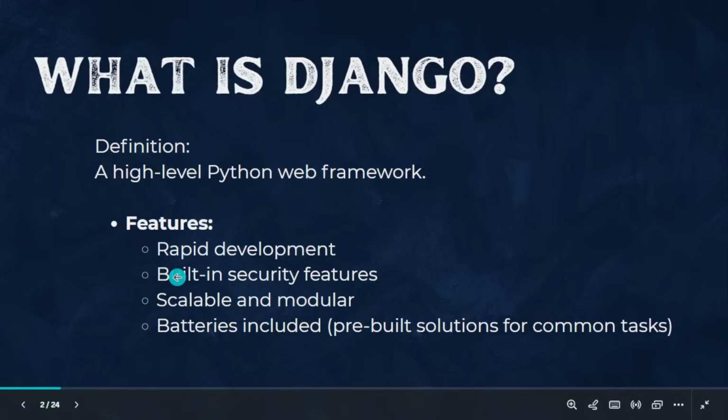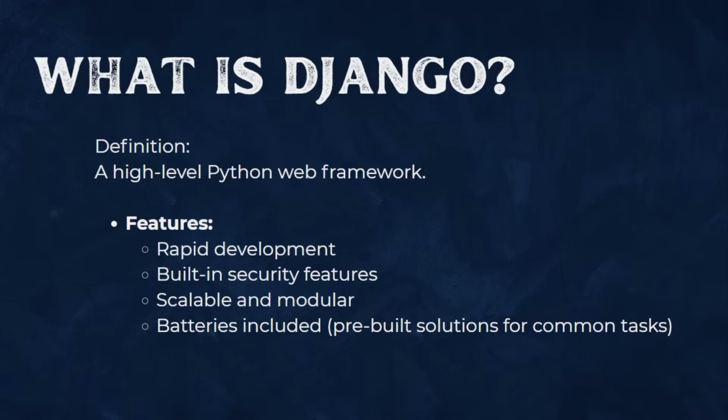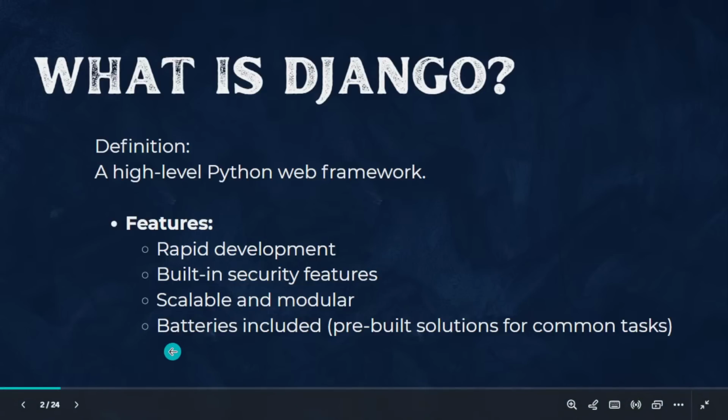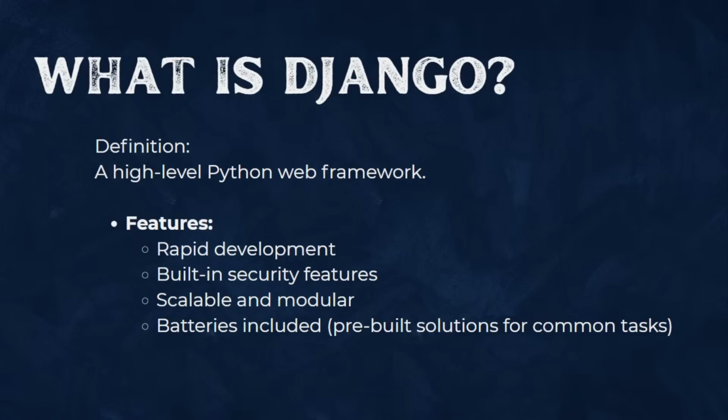Scalable means when you need to extend your website, it gives you a large amount of access to extend your website. That is called scalable. And batteries included means there is already a pre-built solution for your common tasks.